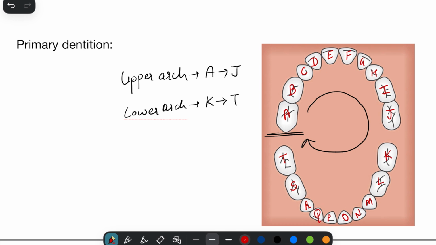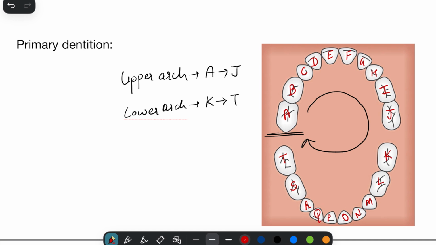I've seen many students making common mistakes. Students are usually confused with right and left side. Always remember that right and left are from the patient's perspective and not ours. Then, with which number the lower arch starts.